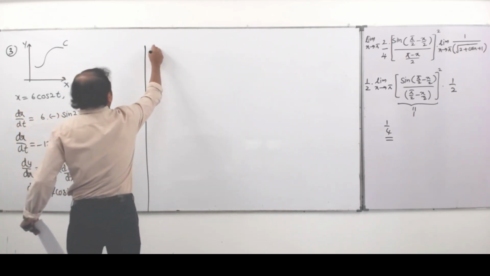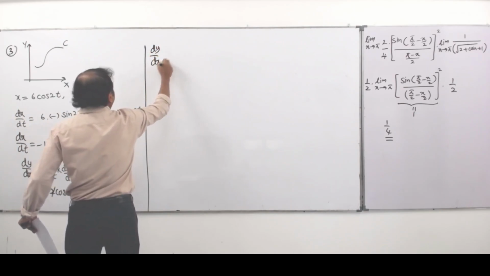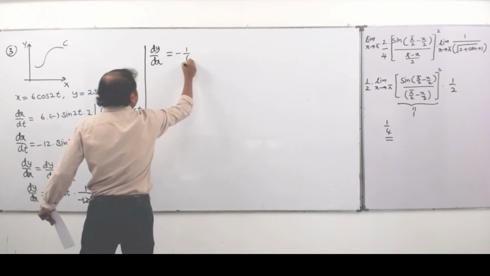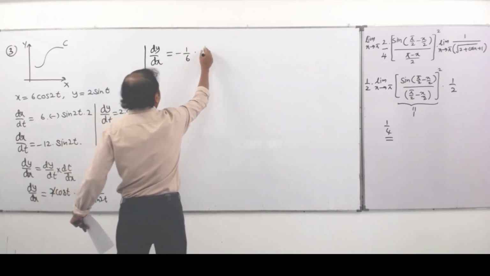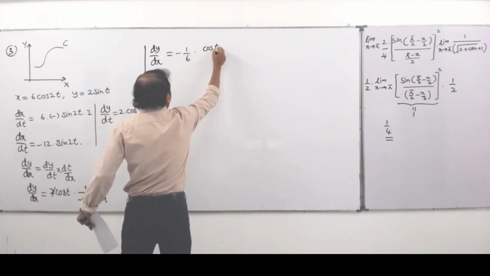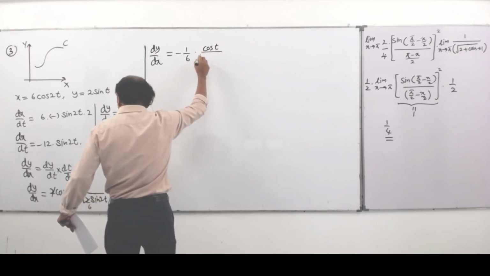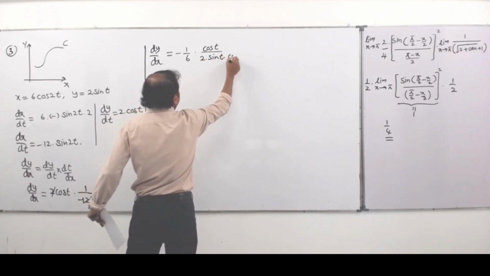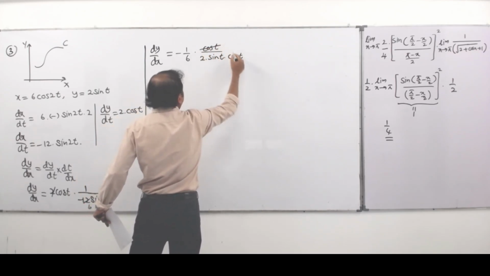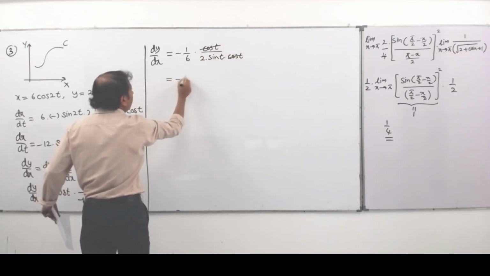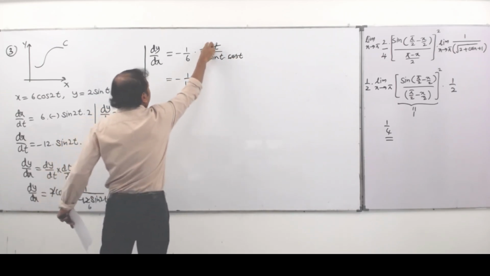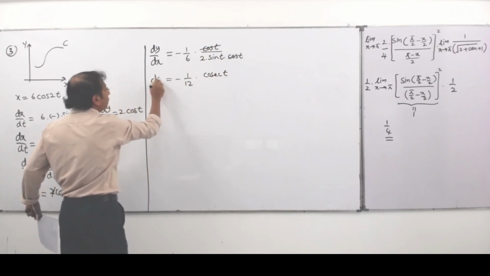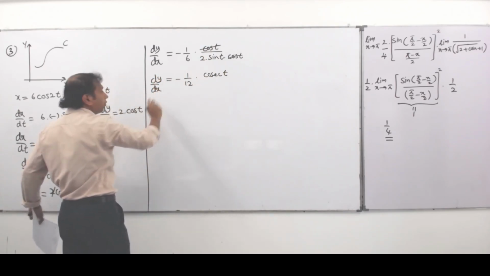We get dy by dx equals minus 1 upon 6 cos t, I can write divided by sin 2t. I can write 2 sin t cos t. This 2 we can cancel down. Here we get minus 1 over 12. 1 over sin t is cosec t. No? Cosec t. This is our dy by dx.